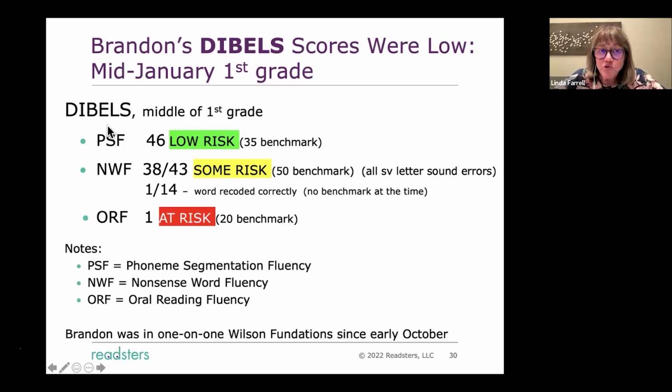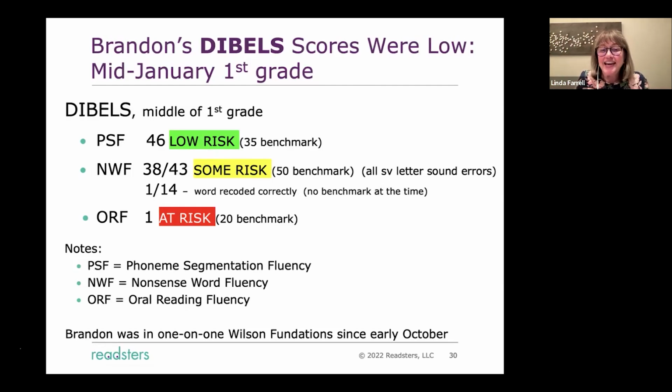For his DIBELS scores, for phoneme segmentation fluency, he was low risk. For nonsense word fluency, he was at some risk. The reason is that this time they didn't separate out whole words read versus just getting the sounds right. And what he did is he read all the letter sounds correct, but he only read the word correctly 1 out of 14.